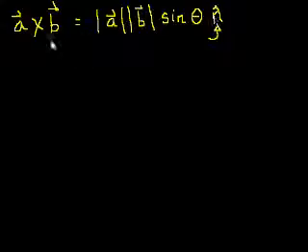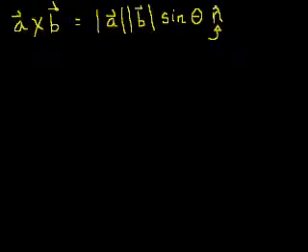One, n is perpendicular to both of these vectors. It is orthogonal to both of these vectors. So we'll think about in a second what that implies, just visually. And then the other thing is the direction of this vector is defined by the right-hand rule, and we'll see that in a second. So let's try to think about this visually.